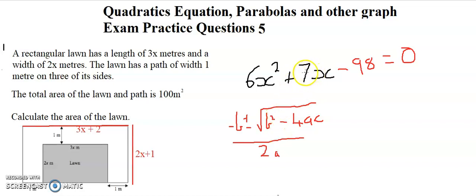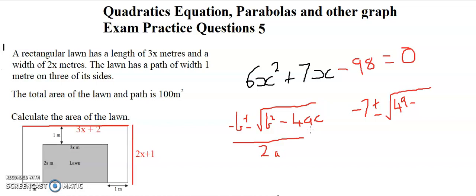So using this formula, we are going to just substitute everything in. So our b is 7. There's a negative in front of that, so that means we've got negative 7 plus or minus the square root of b squared. B squared is 7 times 7, which is 49. Minus 4 times a, and a is 6, times negative 98.